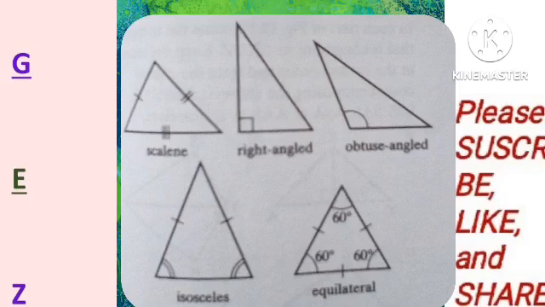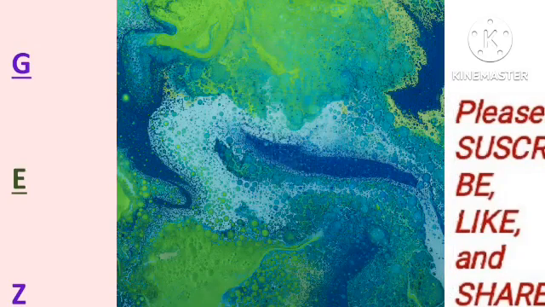Then fourth, we have your isosceles triangle, and it has two adjacent sides equal, and one pair of base angles equal. And then finally we have the equilateral triangle, and this equilateral triangle, as its name implies, has all its sides equal, and coincidentally it also has all its angles equal. So it's also an equiangular triangle.